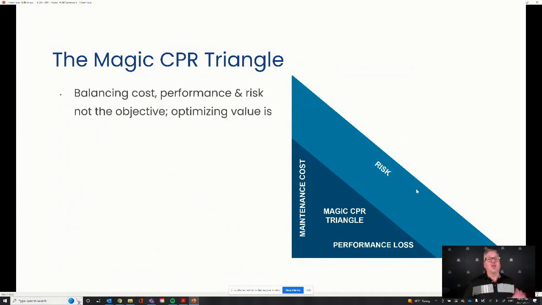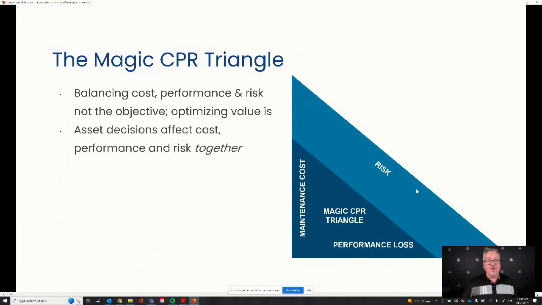So that's really what we're interested in. And I know some people will say, well, we need to balance the trade-offs between cost, performance, and risk. I would say that's not the objective. The objective is to optimize the value. So to have the smallest area for that triangle, right?